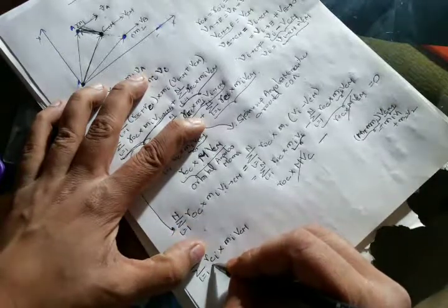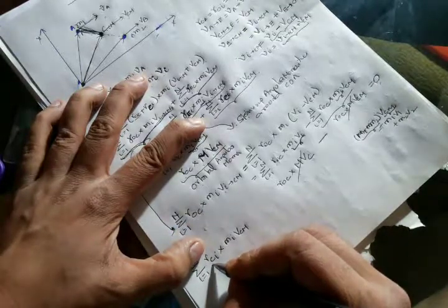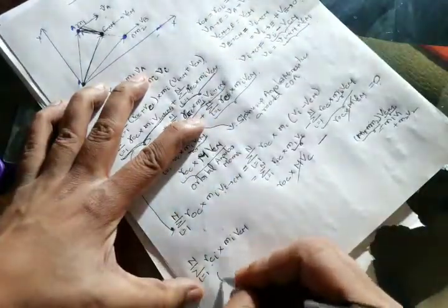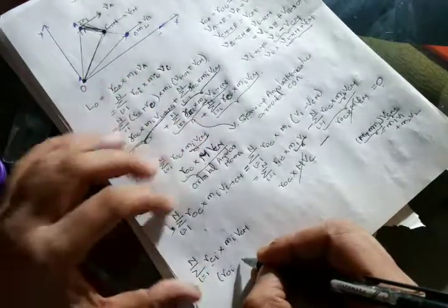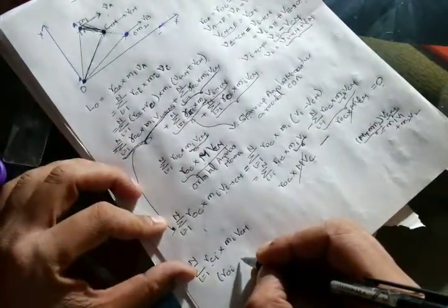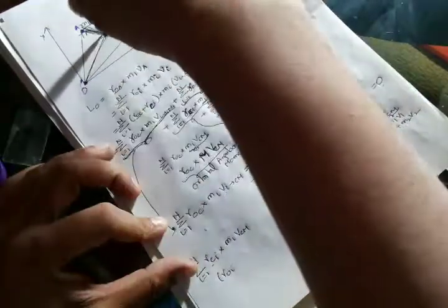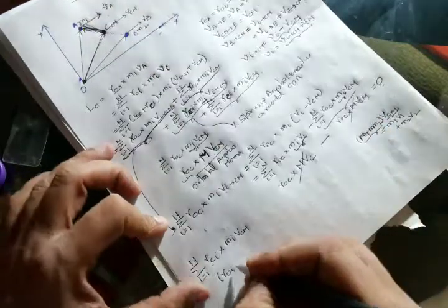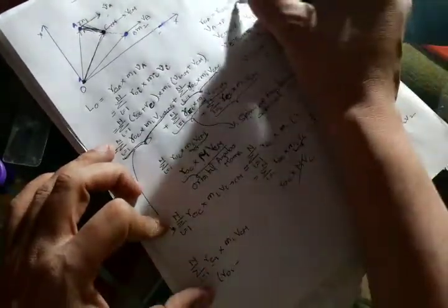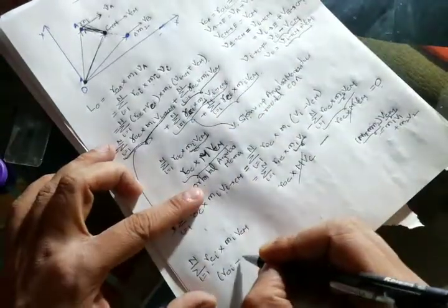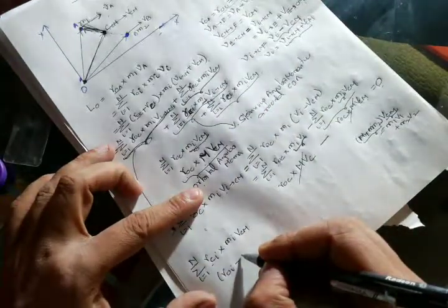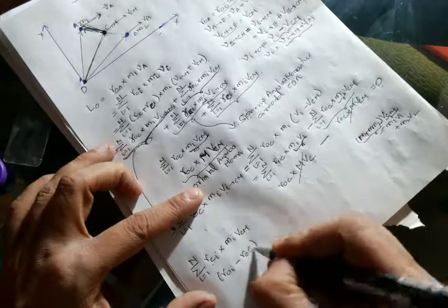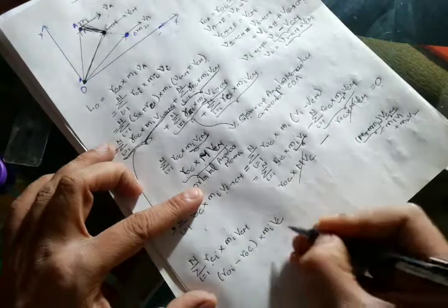So this R_CI was R_OI minus R_OC. From here I am calculating R_OI minus R_OC cross m_i v_CM.